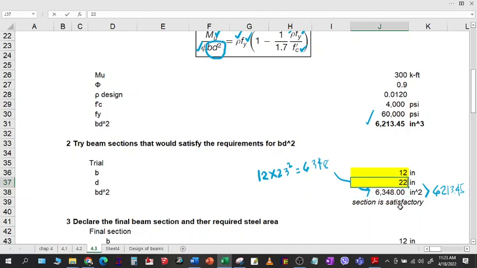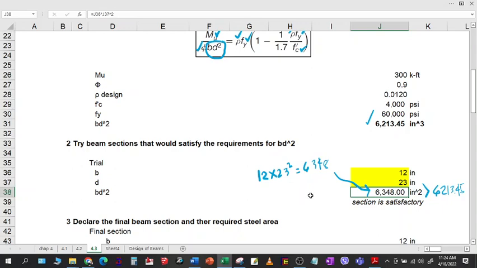Can you go 22.5, or 22.6, or maybe 22.8? It may be satisfactory, but it's not practical, because when we specify dimensions for a beam, it should be in whole numbers, so that the fabricators of the formworks will have it easier to fabricate the beam. So we go for 23 inches.